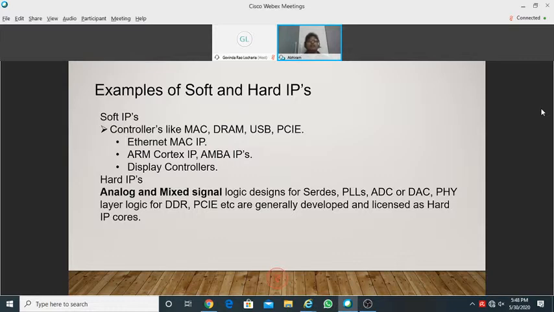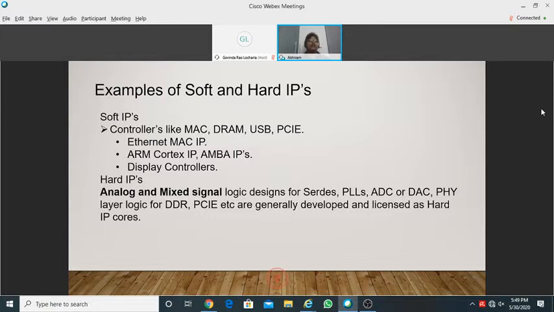For example, if you take USB 3.2 spec, then the controllers will be soft IPs based on the 3.2 spec. And that is where the soft IPs will be delivered to the company which is going to integrate the SOCs. And also our most common example is ARM Cortex IPs.